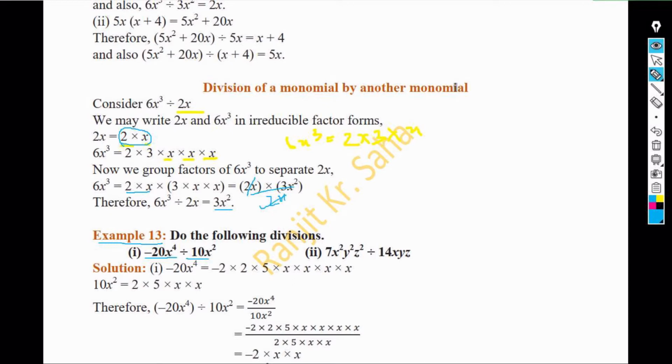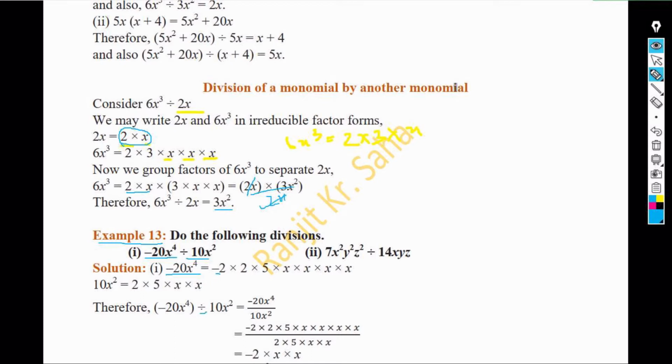First of all, minus 20x to the power 4, we can write as minus 2 into 5 into 2, sorry, into x into x into x into x, it is x to the power 4, and 10x square as 2 into 5 into x into x.